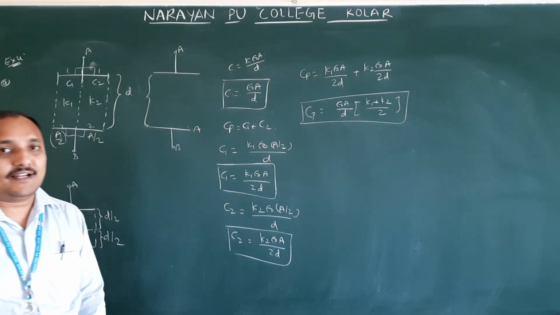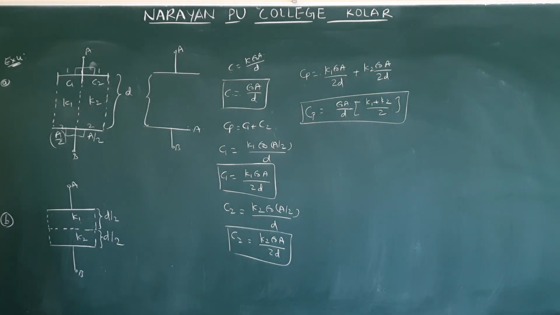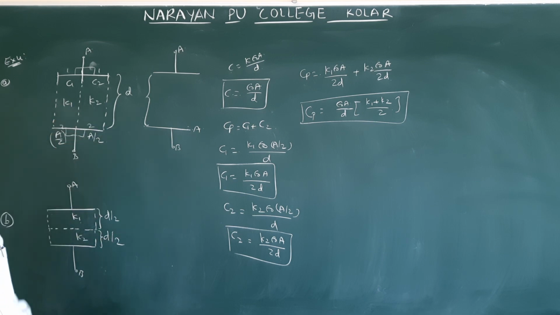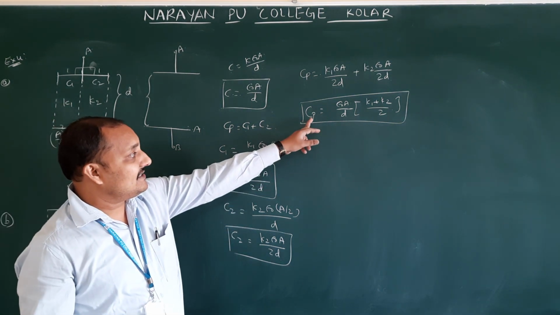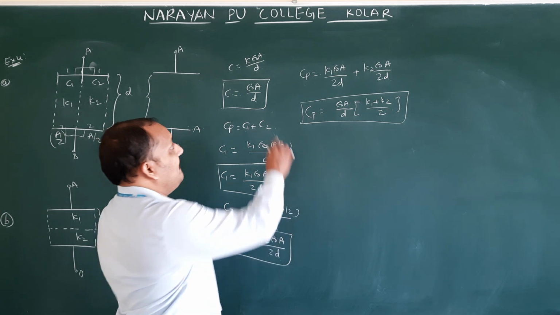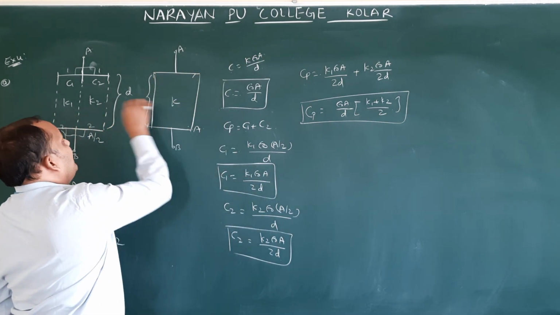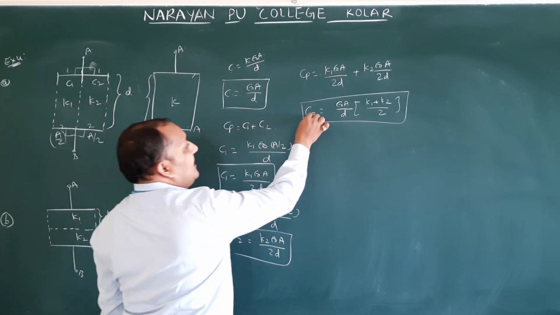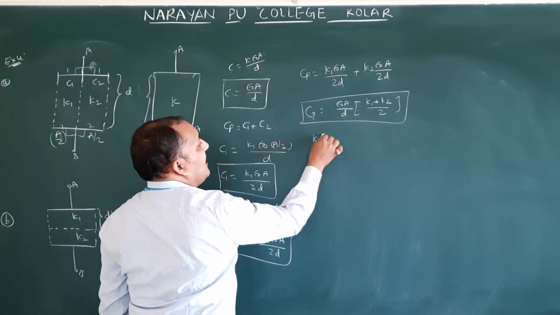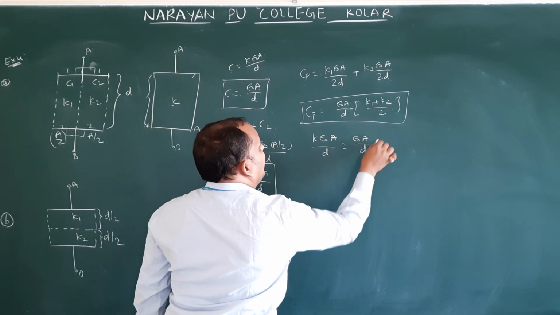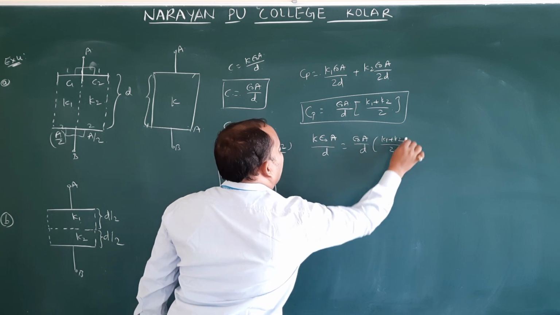Sometimes they will ask for the resultant dielectric constant. Here they only ask for the resultant capacity. Whenever they are connected like this with K1 and K2, if they ask for the resultant dielectric constant, we assume the whole filling as K in place of K1 and K2. Then Cp can be written as K epsilon naught A by d equal to epsilon naught A by d times (K1 plus K2) by 2.